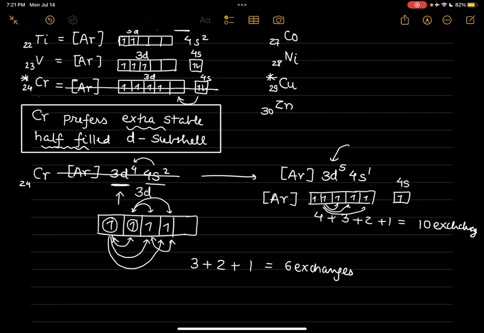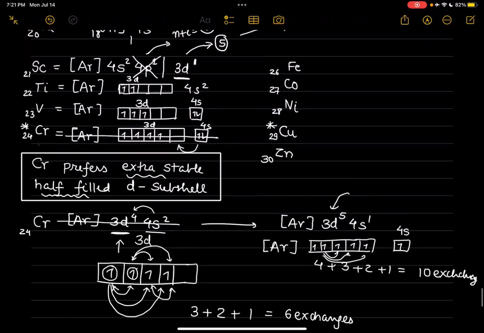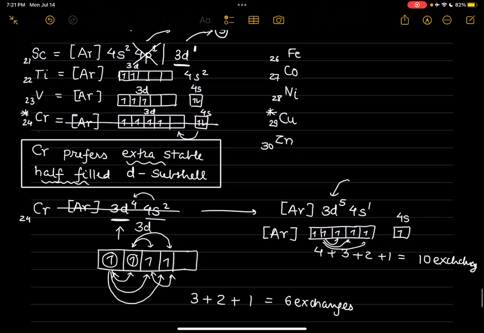So tell me which part needs to be explained again. Maha, Nabila. The exchange part. You need to understand that the electrons keep on exchanging their positions within the orbitals belonging to the same subshell, and the more the number of exchanges, the more energy is released and the more stability.